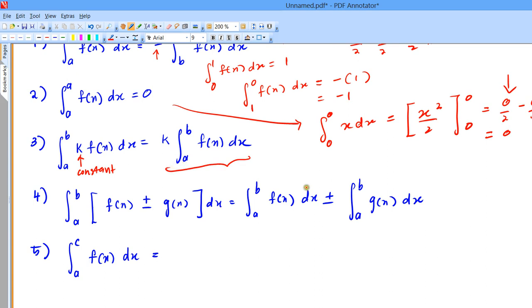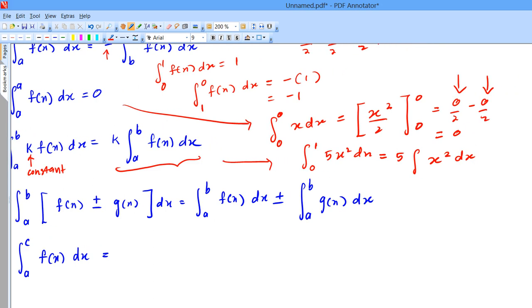For example, if we have integral from 0 to 1 of 5x squared dx, you can factor out constant 5, so 5 integrate x squared dx from 0 to 1, and then we can solve the integral and then times with 5, so 5, x to the power of 3 over 3, and then substitute 1 minus 0.